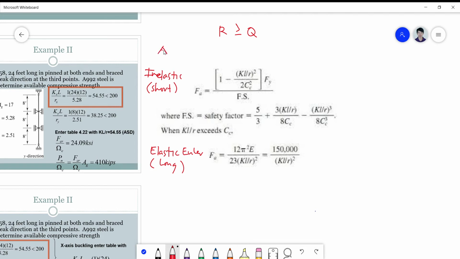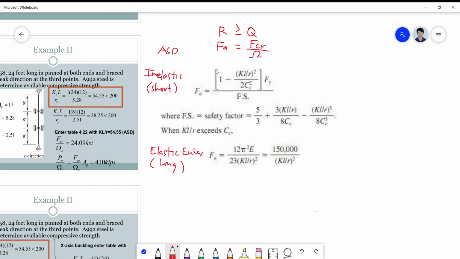And for ASD, the comparison for your resistance, which is actually your FCR, or rather FA, is equal to the resistance all over the factor of safety omega. So this is the one we're going to derive.